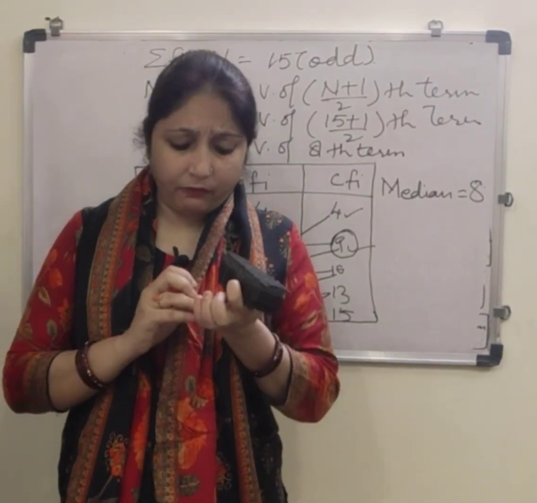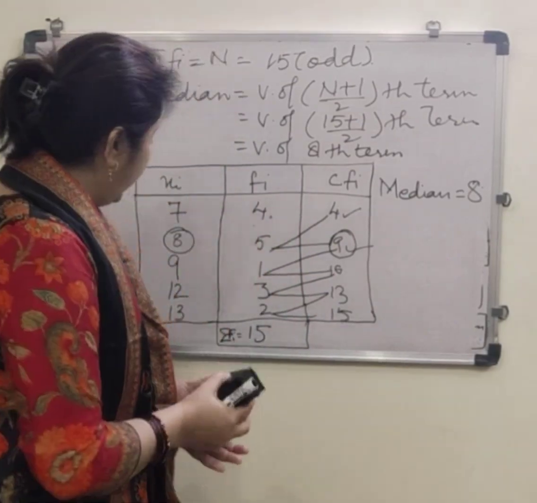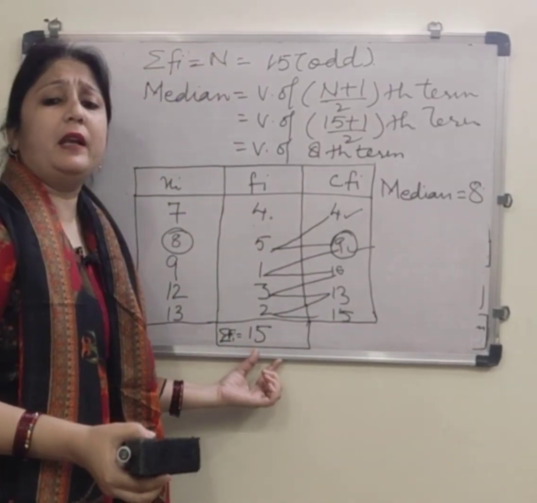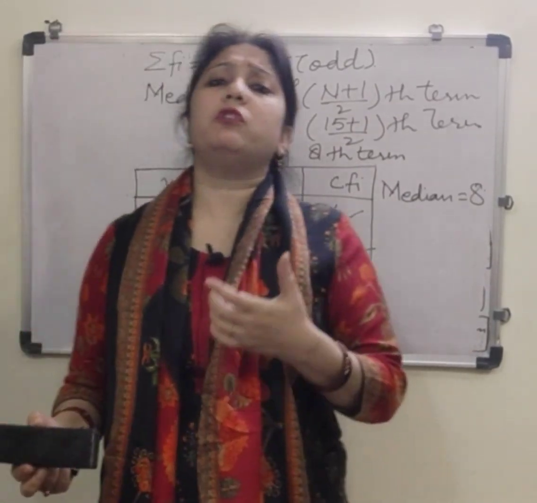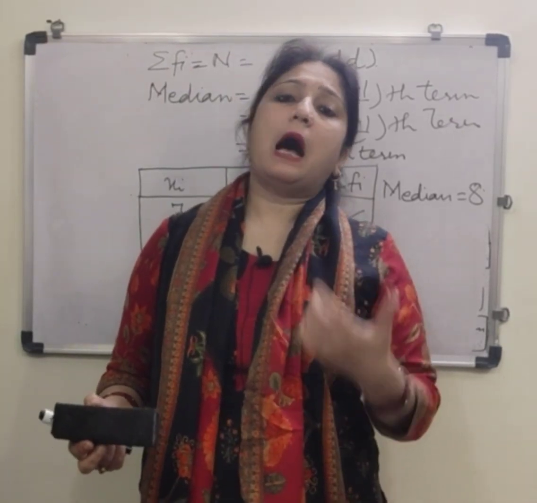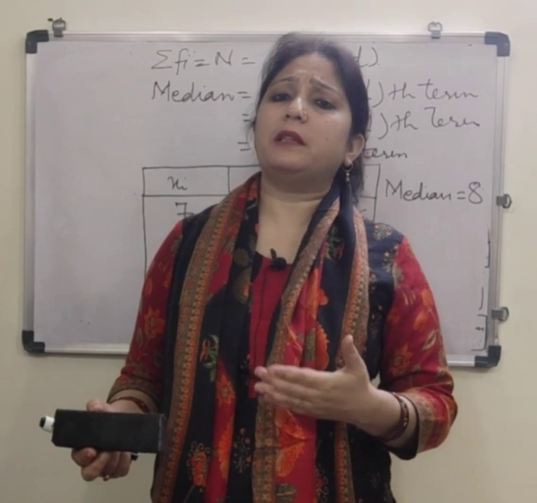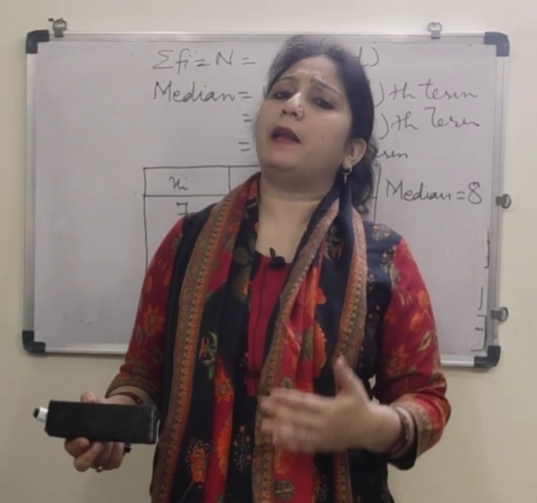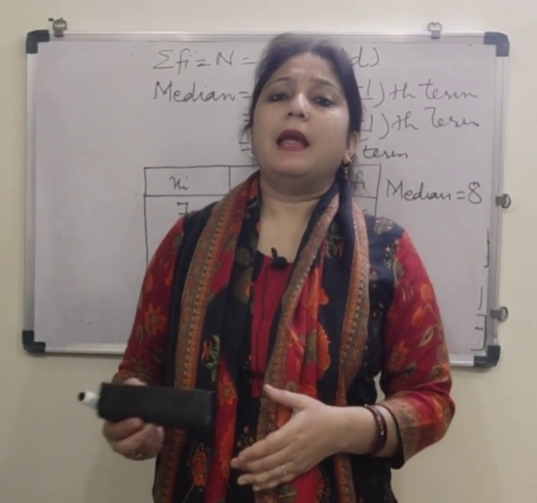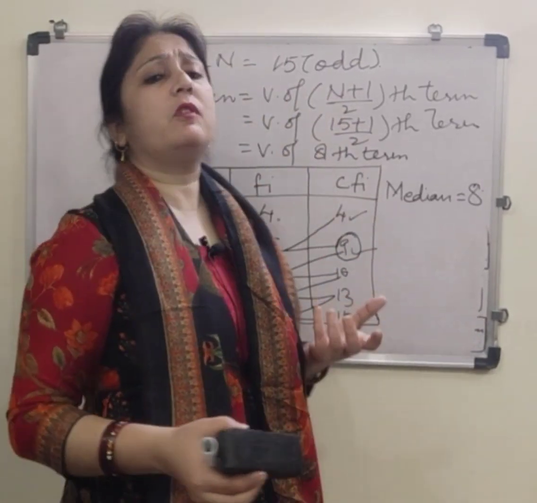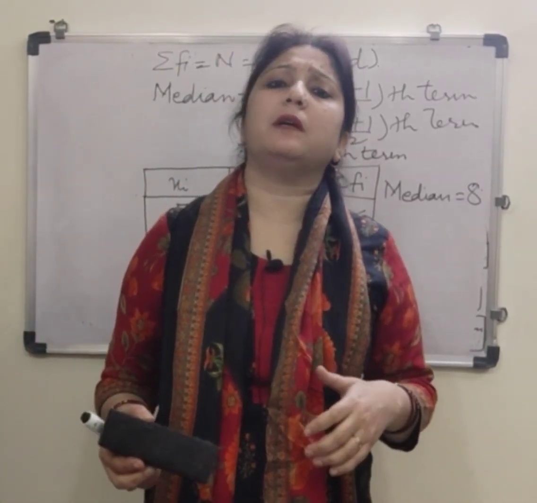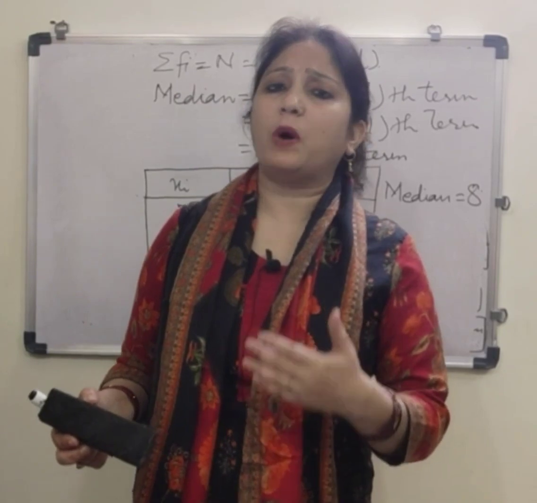Children, if you have got an even sigma fi, then you would have used the same formula, half into the value of n by 2th term plus the (n by 2 plus 1)th term.